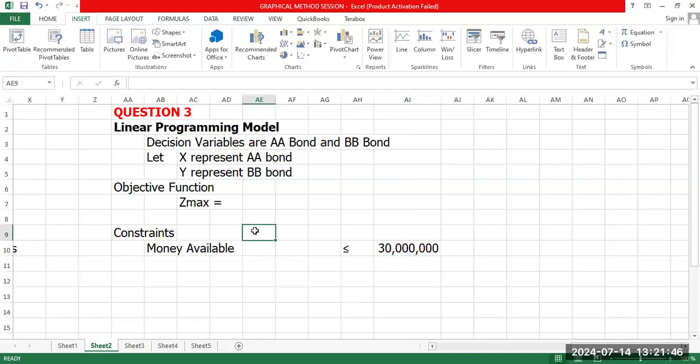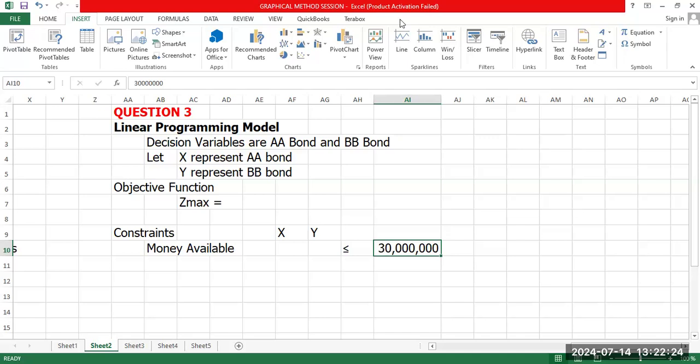Remember, here you'll be having your X and Y, but at this point you don't know what you should put here. But you know the total amount of money available to invest in securities. They have not said security, they have said securities, so you have to combine.